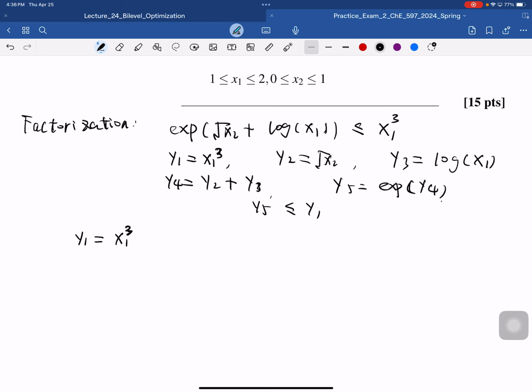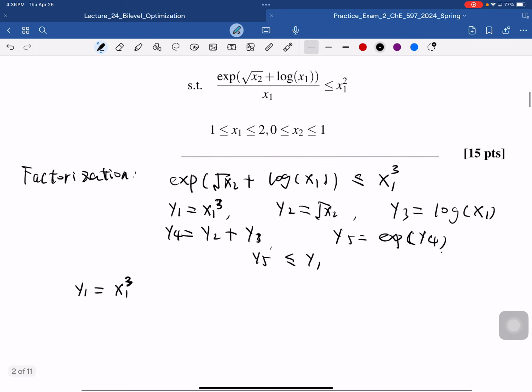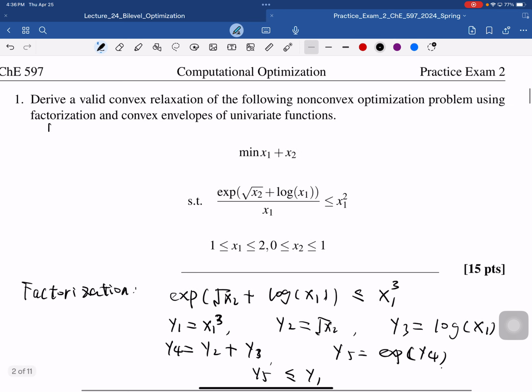If x1 is from 1 to 2, this is a convex function, right? You take the second derivative of x1 raised to the power of third, this is a convex function, but this constraint is not a convex constraint. This is a nonlinear constraint. If f of x is convex, then f of x less than or equal to 0 is a convex constraint, right? It describes a convex region.